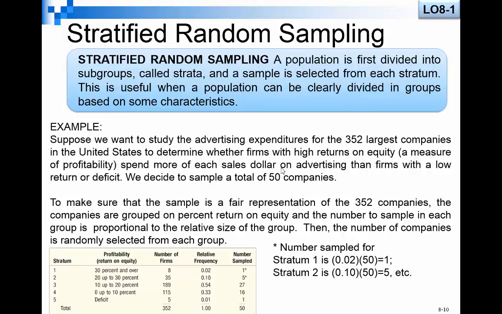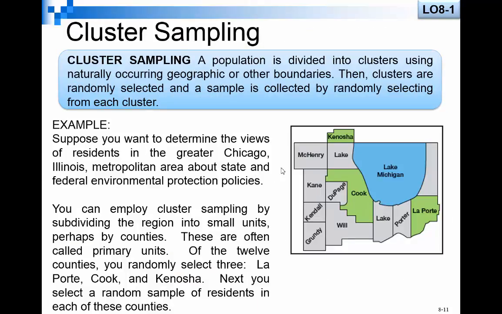So all we're doing is just creating strata first, and then we'll select from those strata. And that allows us to make sure that we have equal representation. We could create strata for gender, and we could say if we need 54 people, we'll make sure that we select 27 male and 27 female, for example.